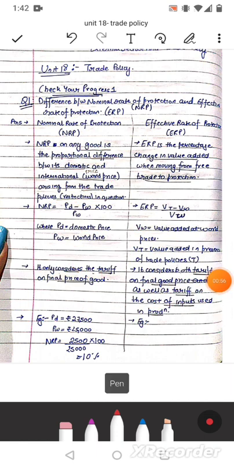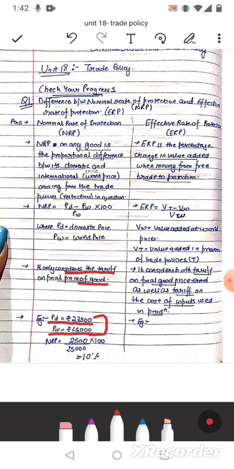Now, nominal rate of protection considers the tariff on final product of good only. Example is given, like if the price of the good domestically is given as 27,500 and world price is 25,000, then a nominal rate of protection would be 2,500, that is (PD minus PW) upon PW into 100, that is 10%.